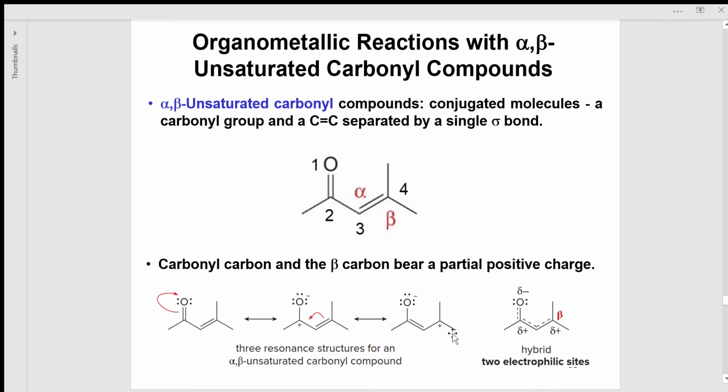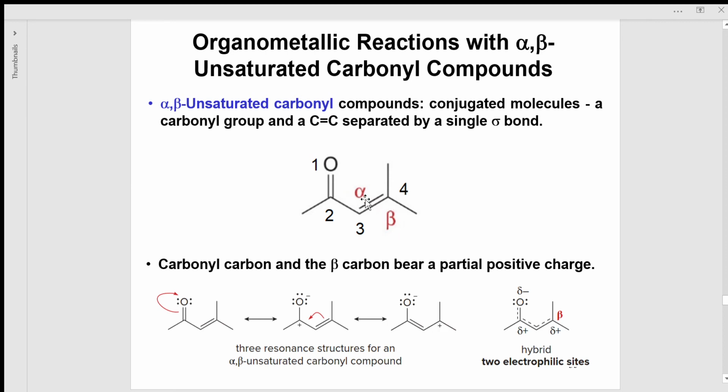This is a new resonance structure, and it is also a valid Lewis structure. Again, nobody wants to be charged, positive or negative. So by doing this, the positive charge is actually shared between this carbon, the number 2 carbon, and the number 4 carbon, the beta carbon here.